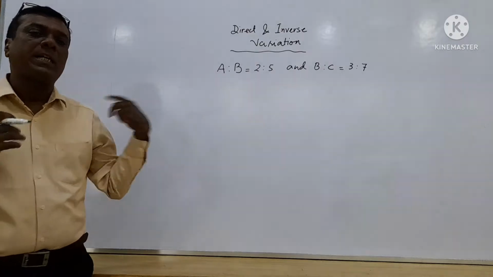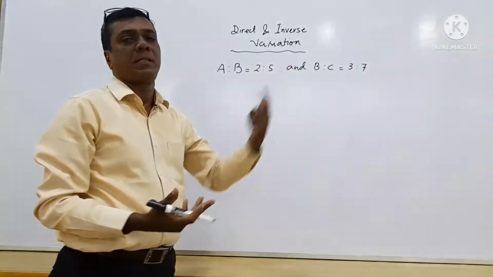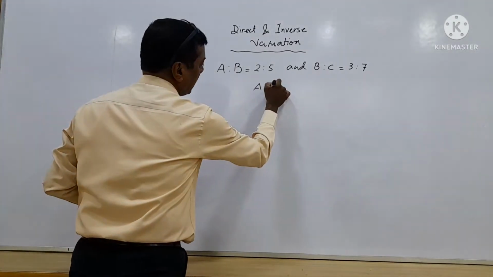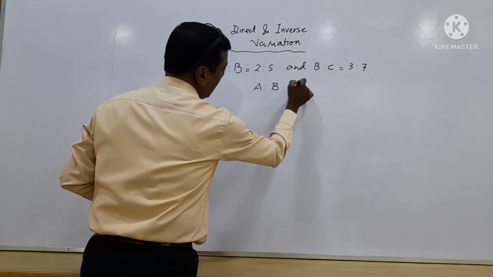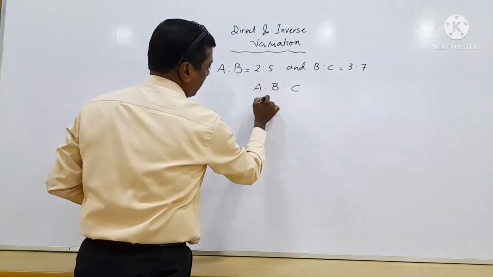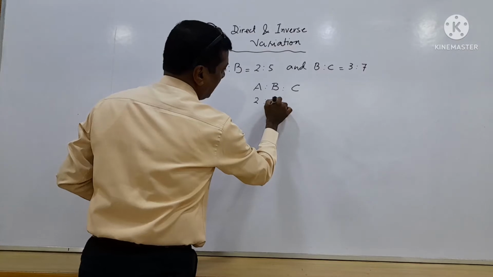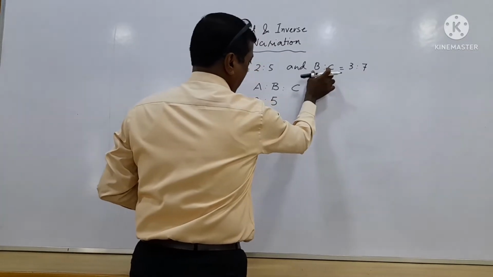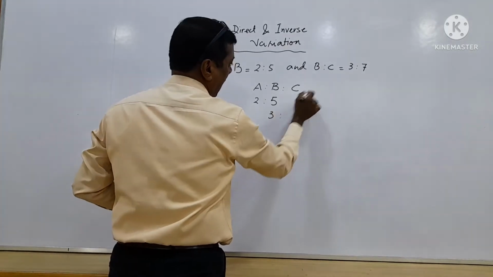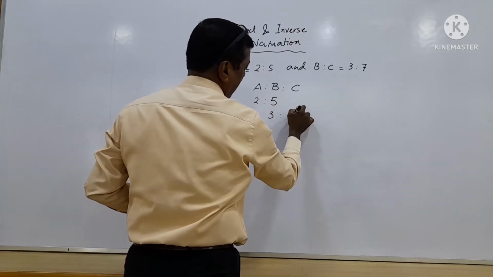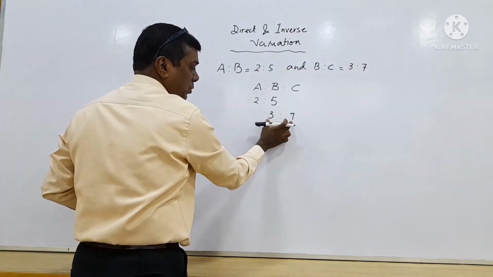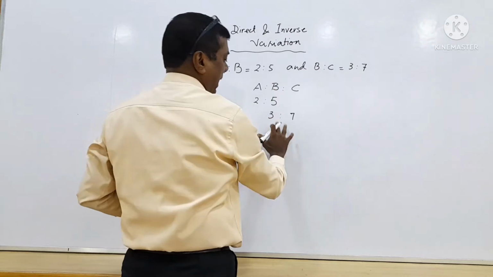I need to find the continued ratio between A, B and C. What do I do? I will first write down A, B and C. Then the AB ratio I will write under A and B, and for BC I will write 3 under B and 7 under C, but obviously I will not be writing my 7 here because these two have the ratio between B and C.